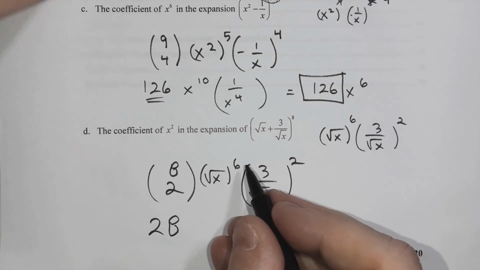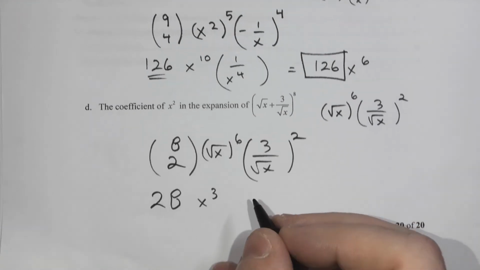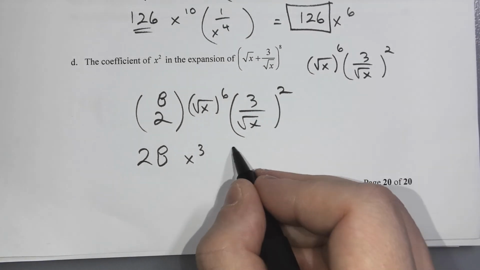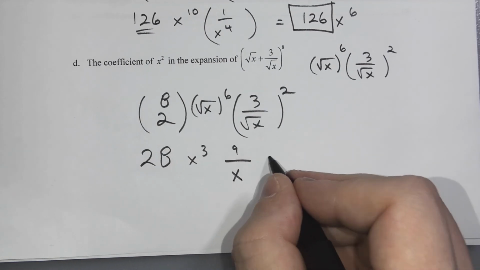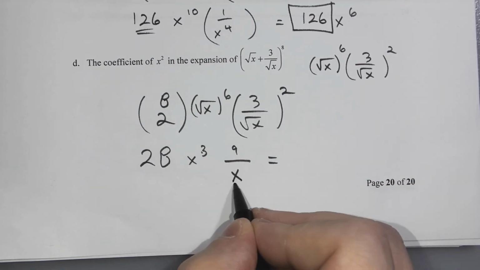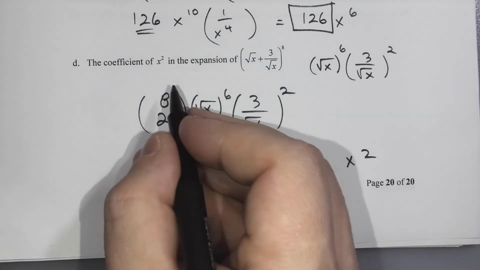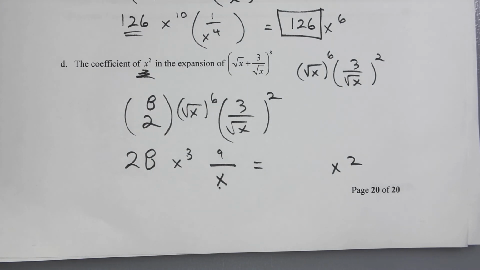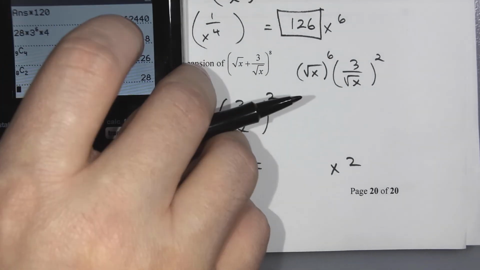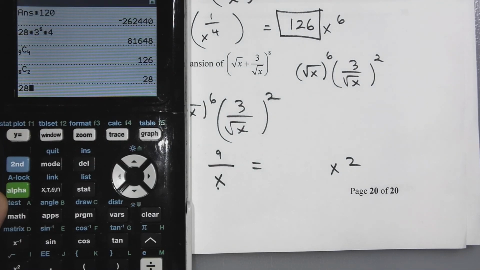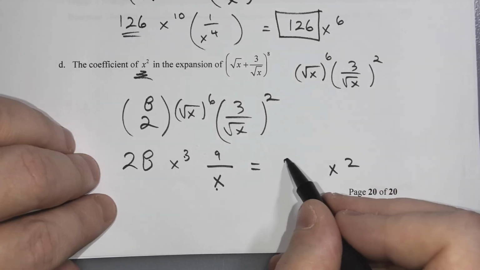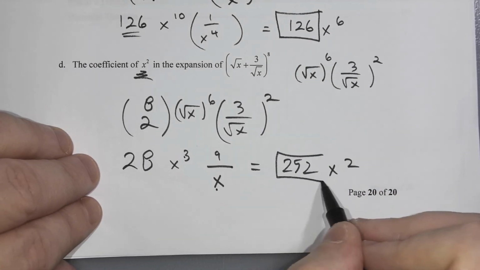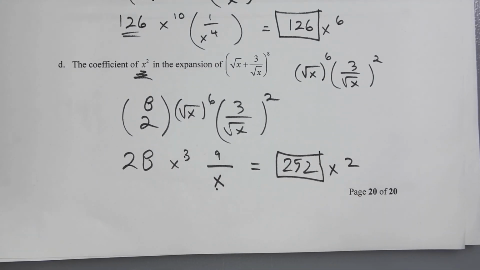Radical x to the 6th is going to be x cubed. 3 squared is 9 over radical x squared, which is x. x cubed over x yields x squared, which is precisely what I wanted. That's what I was doing at the beginning. So I just need to know what 28 times 9 is. And that's 252. And so our coefficient there is 252.